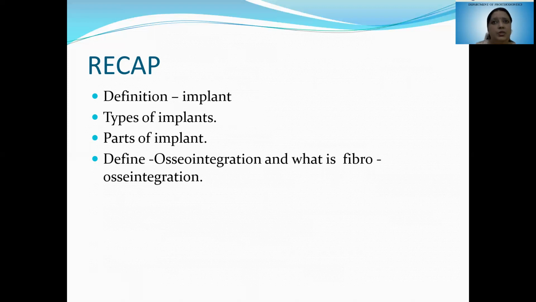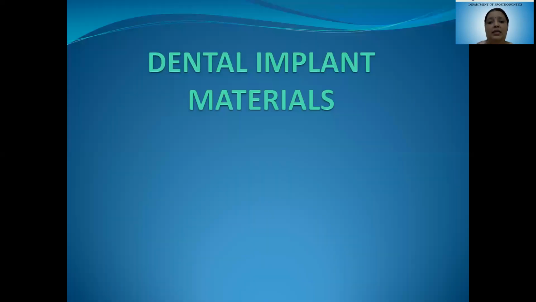I told you this osseointegration depends on various factors, and one of the key factors in that is the implant material. So the implant must be composed of a material which will allow easy and fast osseointegration.